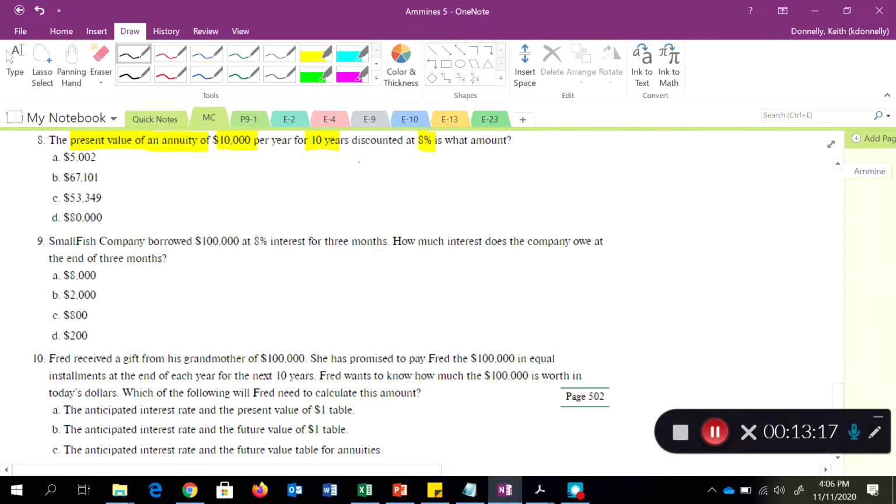So we got number of periods is 10 years. Looks like the interest rate here is 8%. And we're dealing with the present value of an annuity.